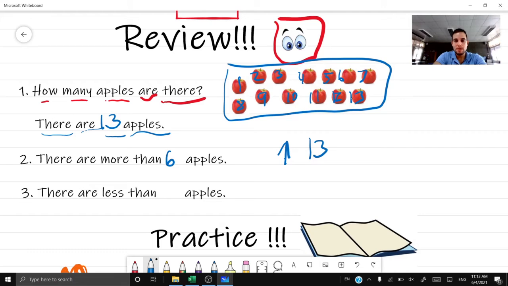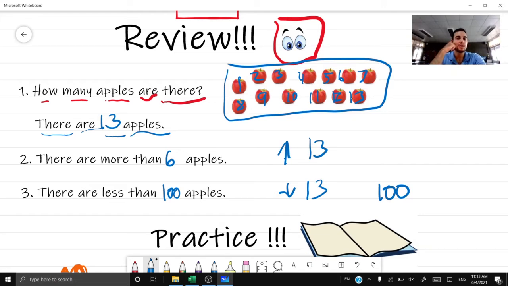Are there more than 100 apples or less than 100 apples? Well, 13 is smaller than 100. 100 is bigger. So there are less than 100 apples.